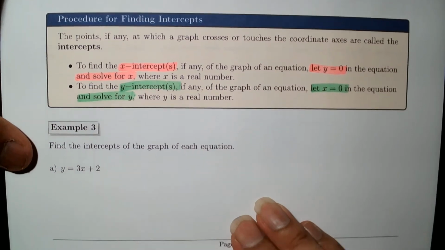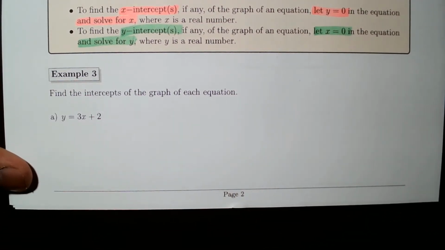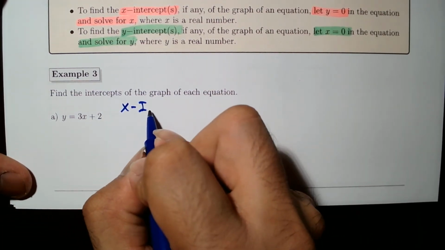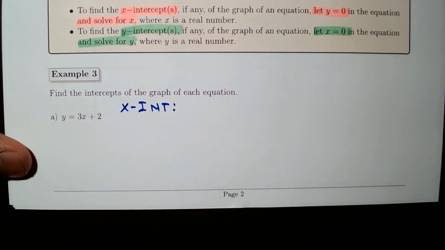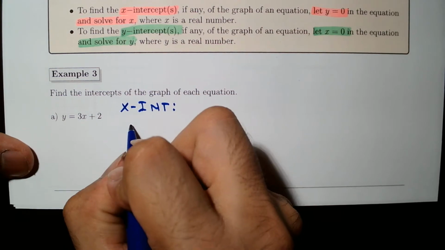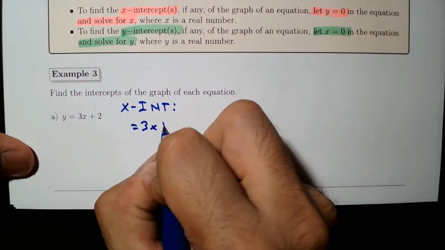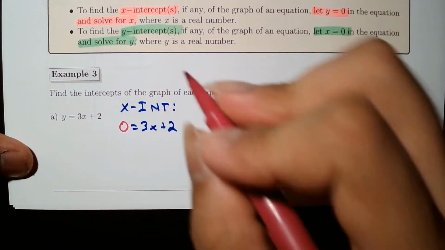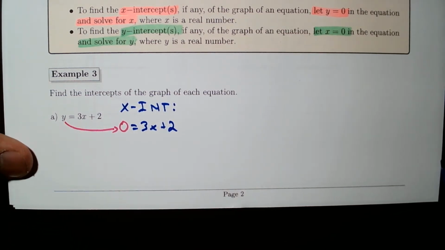Okay, let's do a quick example. We want to find the x-intercept, x-int for short. For the x-intercept, I'm going to set y equal to 0 and solve this equation for x.